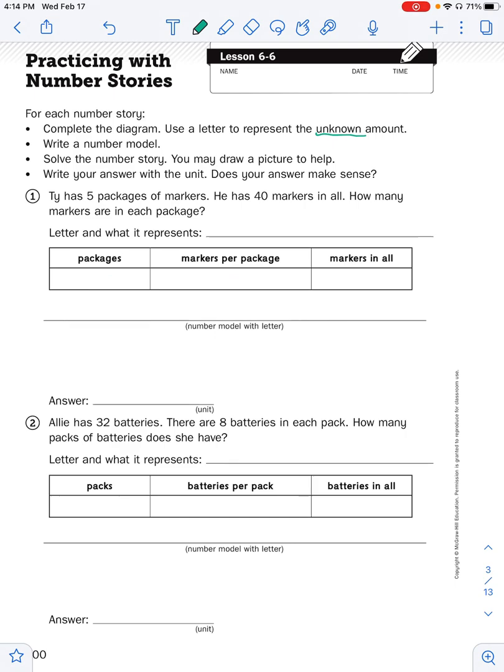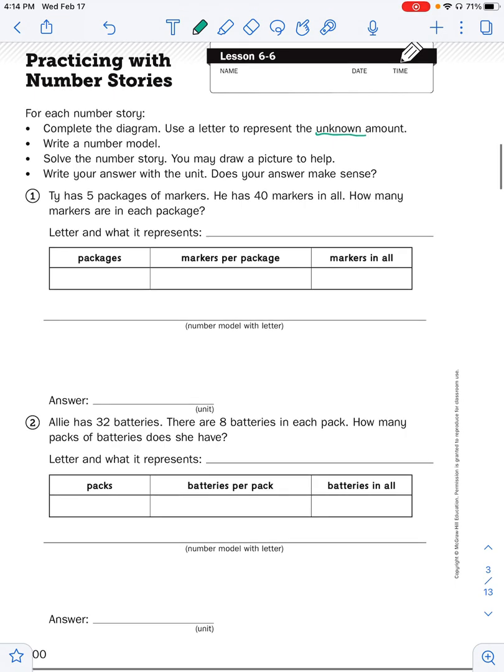Let me show you. Okay, number 1. After I read this, we're going to make sure that we understand it first before we do anything else. We're not just going to fill in random things. We are going to truly understand it. It says, Ty has 5 packages of markers. He has 40 markers in all. How many markers are in each package?